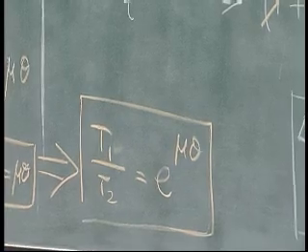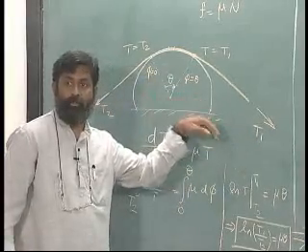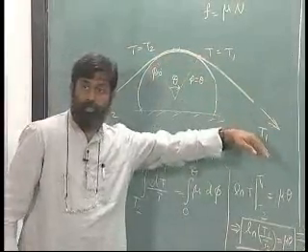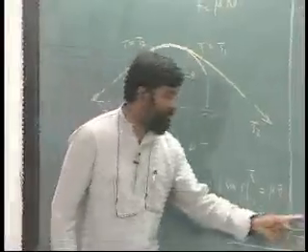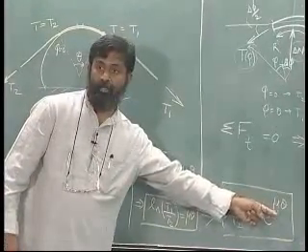And therefore, in the impending motion along the T1 direction, the ratio of T1 and T2 is determined through e raised to mu theta.